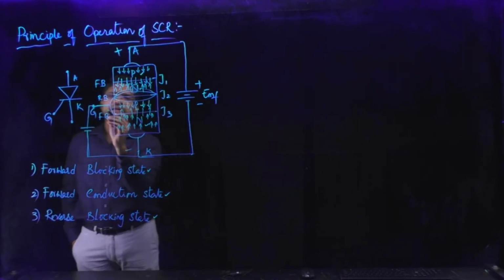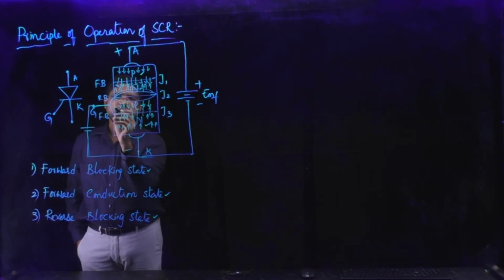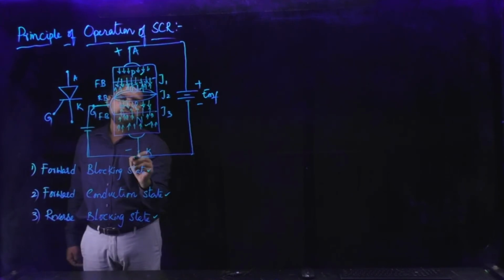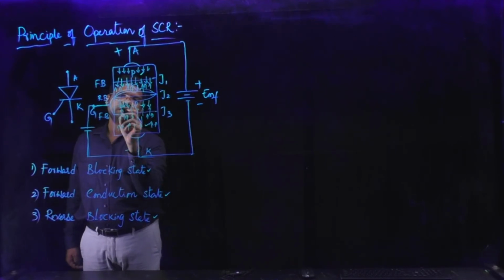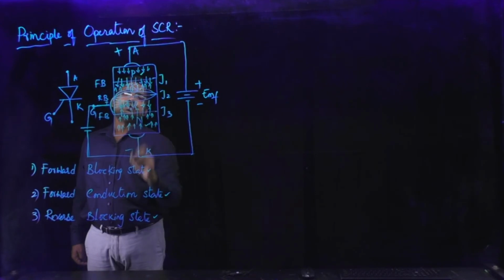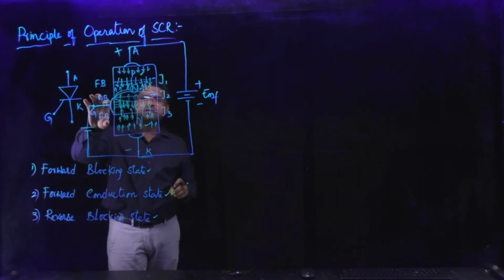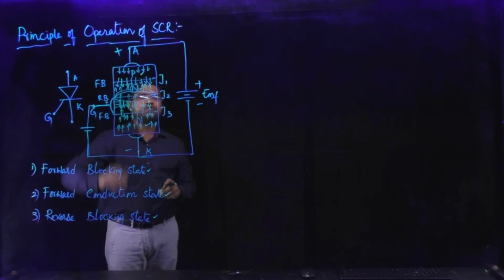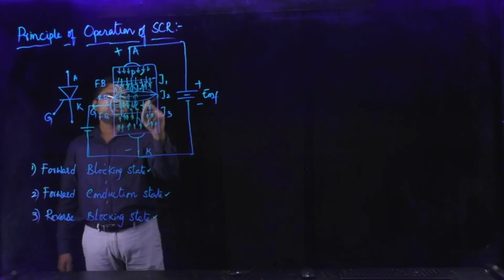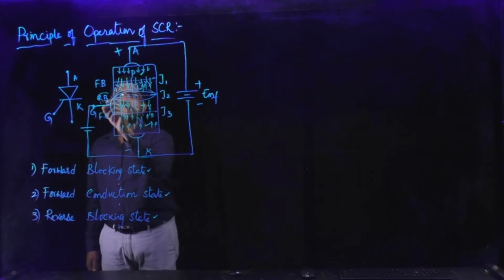When I apply a gate signal or gate pulse that is positive with respect to the cathode, holes are repelled in this gate-connected region. At the same time, electrons are attracted towards the repelled holes. So with the help of the gate pulse, the width of the depletion layer vanishes. Whenever the depletion layer vanishes, this reverse bias becomes forward bias.